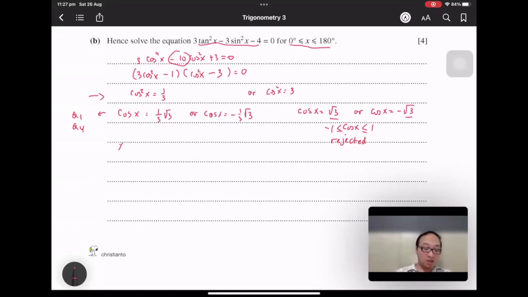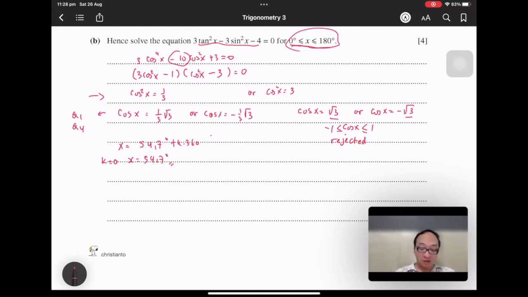So that means x here is the cos inverse of 1 over root 3, equals 54.7 degrees plus k times 360. And again, k is 0, so it is 54.7 degrees only, because if we put the period, it will exit the region.